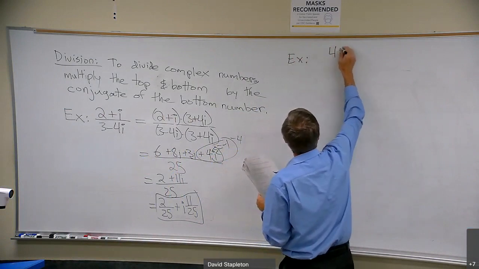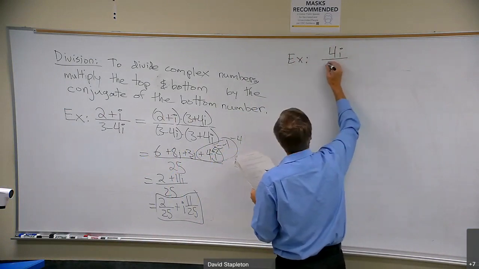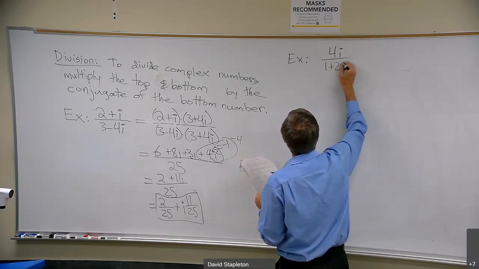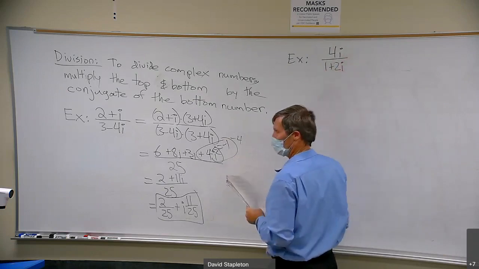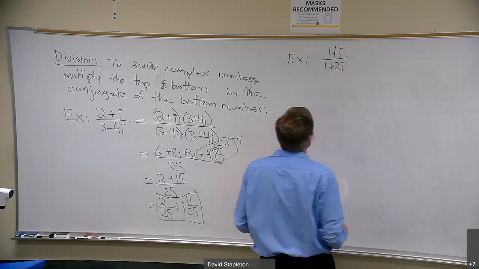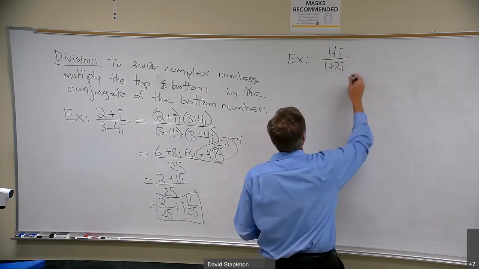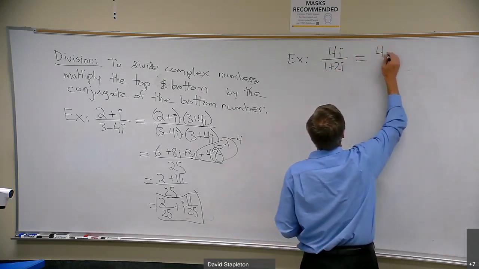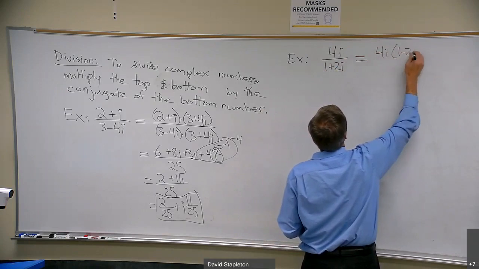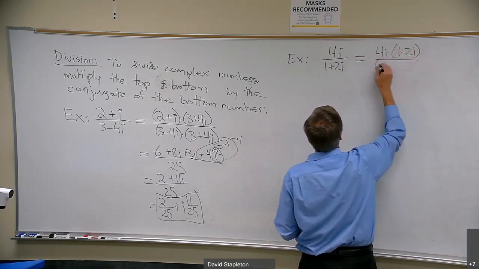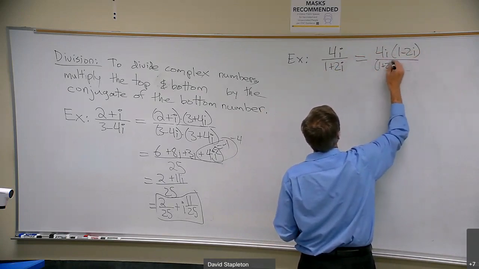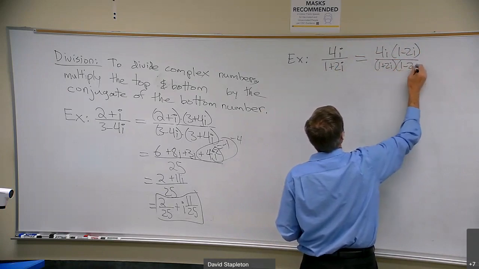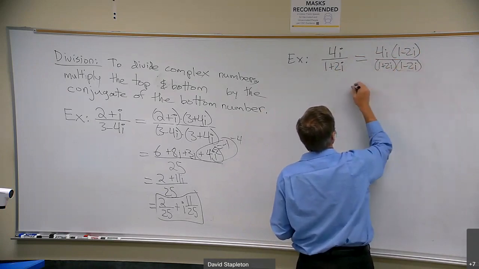Suppose I take 4i and divide it by 1 plus 2i. It's the quotient of two complex numbers, right? Once again, we can do it by multiplying top and bottom by the conjugate of the bottom. So I'll multiply top and bottom both by 1 minus 2i, the conjugate of 1 plus 2i.